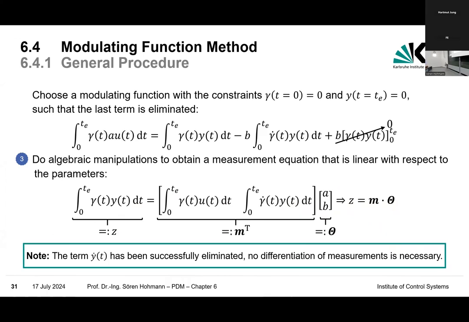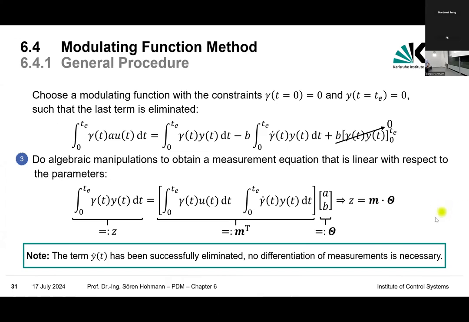So at the very end, we have one equation. Now we can use the very same trick as before. We can use different integration intervals, T0 to TE, TE to T1, etc. So to generate more equations, well, at least two to get A and B.